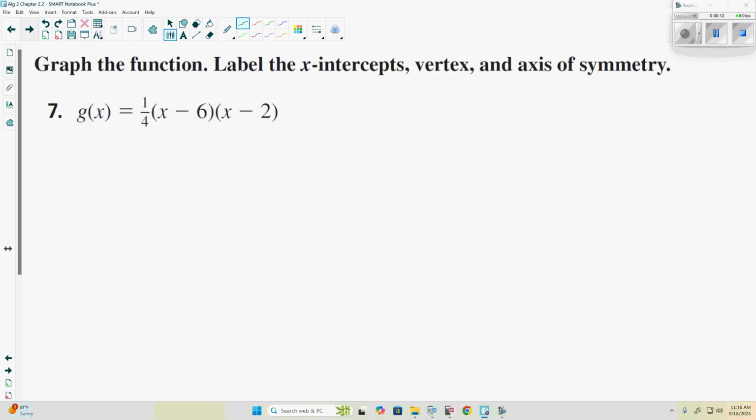I believe we have 2 left. Let's look at this one here. I need to go back and pull those graphs off of there so you have a little more room.